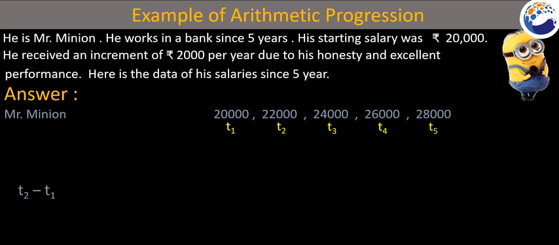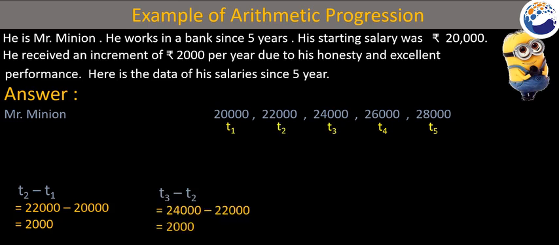Now let us take the difference between his consecutive salaries. T2 minus T1 is equal to 22,000 minus 20,000, which is equal to rupees 2,000. Similarly, the difference between his third year and second year salary, that is T3 minus T2, is equal to 24,000 minus 22,000, which is equal to 2,000, and so on.